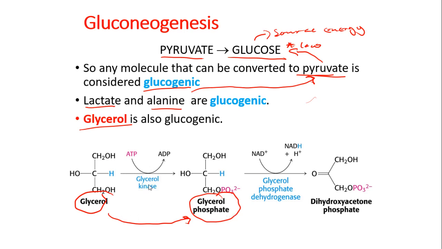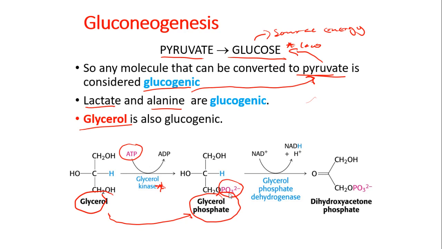Now, one thing we need to understand is the enzyme which is helping in the conversion of glycerol to glycerophosphate. It is glycerokinase. So glycerokinase is just an enzyme which is playing a role in the conversion of glycerol to glycerophosphate. And this process normally depends on ATP, which acts as a source of energy. This ATP would donate a phosphate group, and when this phosphate group is added to glycerol, this will lead to the formation of glycerophosphate.